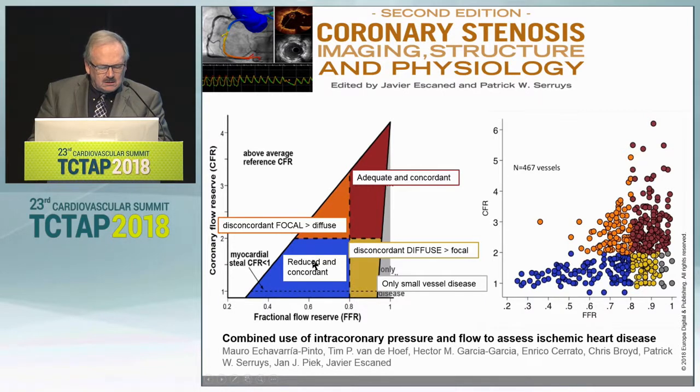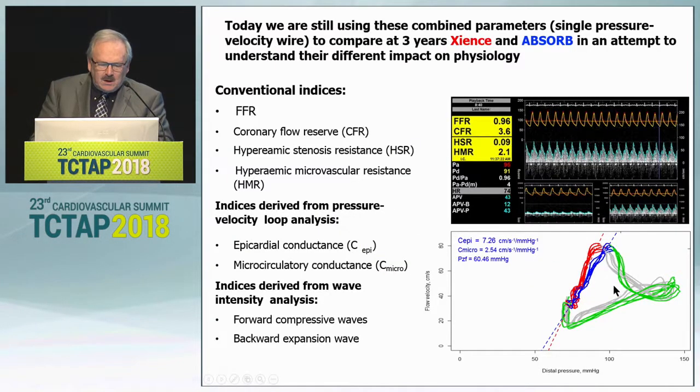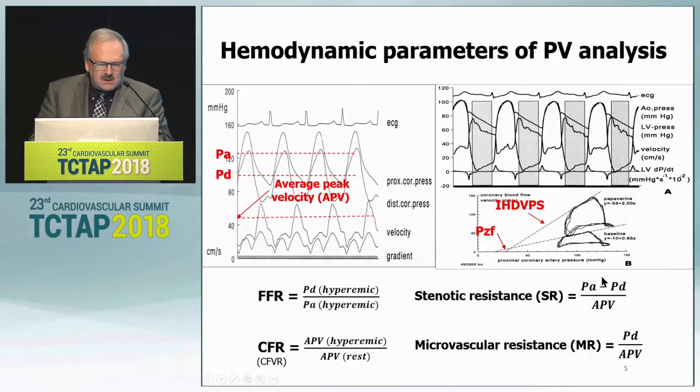Here the reduced and concordant below 0.8 and below 2. Here typically a focal lesion more than diffuse, that region more diffuse than focal, and then the real situation of the small vessel.